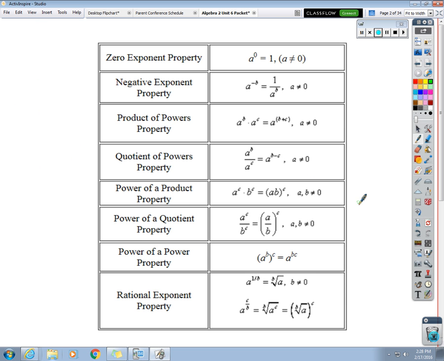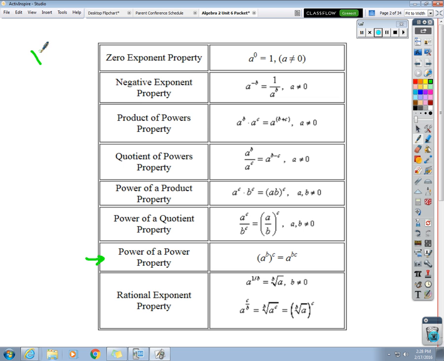The next property we're going to talk about is the power of a power property, or power to a power. See how they have a term raised to an exponent, but then raised to another exponent? What did they show to do with those exponents? By what operation? Multiplication. Look, they're just touching, which means multiply.